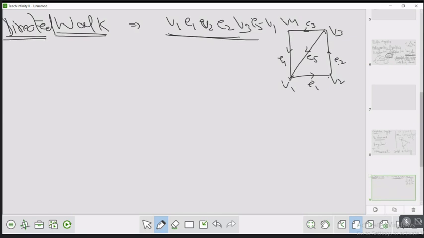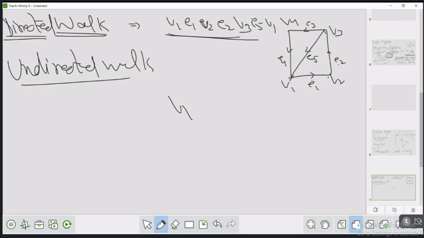For the undirected walk: v1, e1, and we can also use v3, no problem here. v1, e5, v3, e1, v5, v3, and again e3, v4, e4, v1.